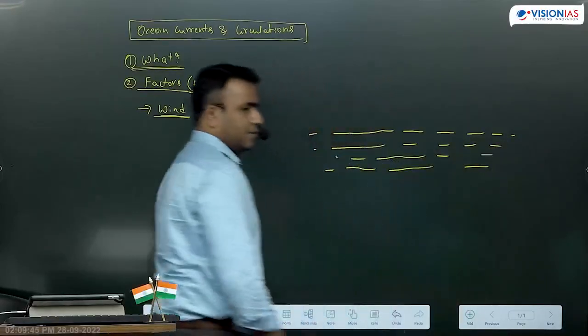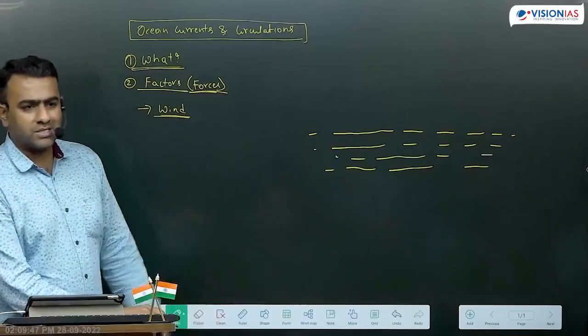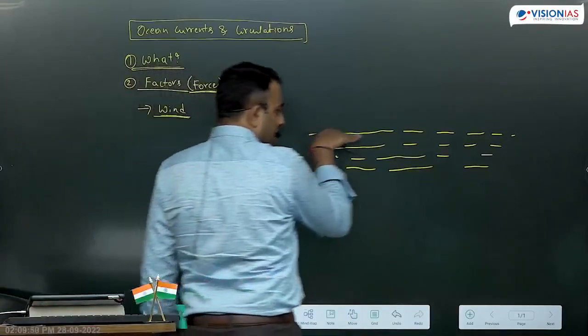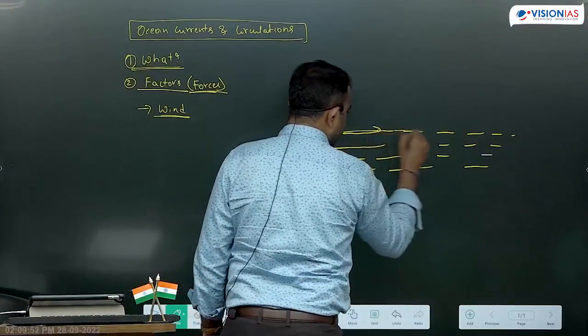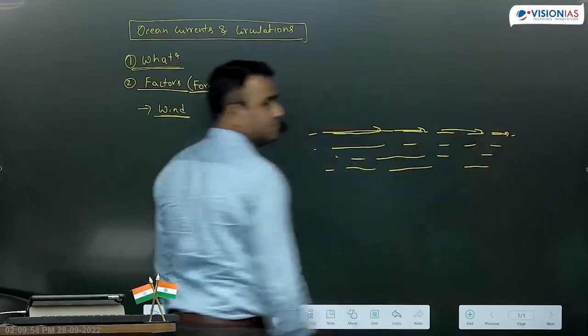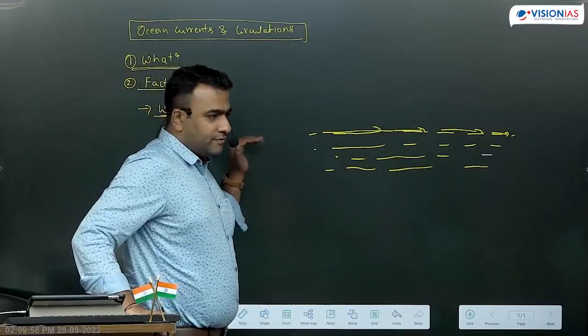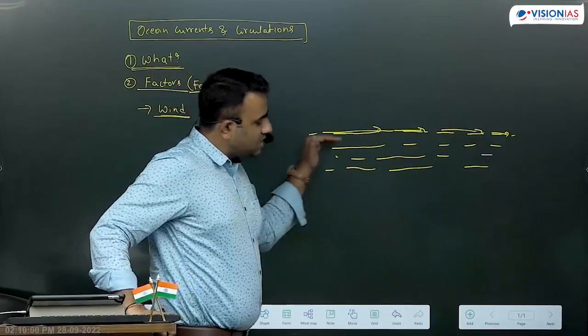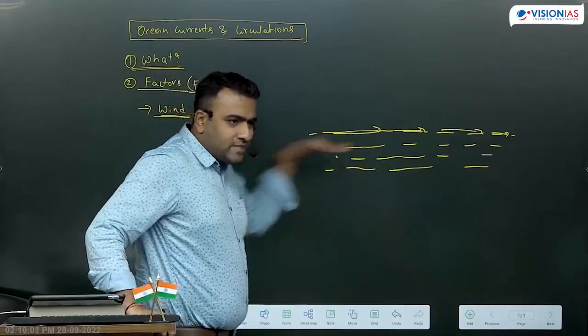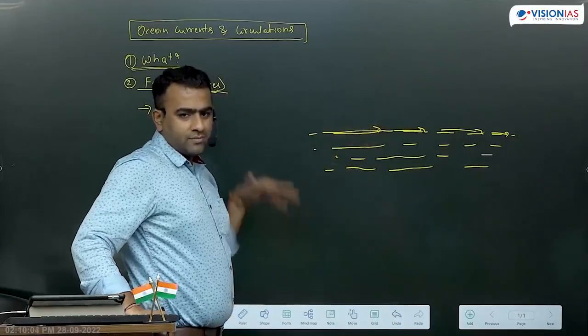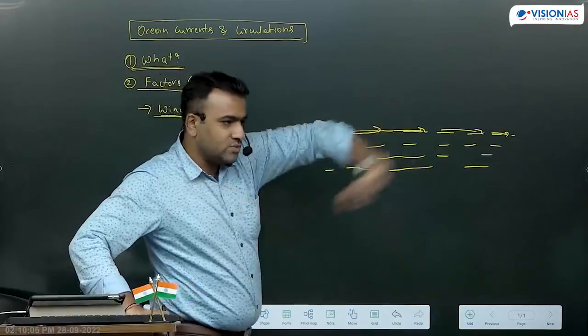In whatever direction the wind blows, it will carry the surface water in that direction. Right? The wind which is moving on the surface of this water will drag this water along with it, and due to friction, it will drag this water along.